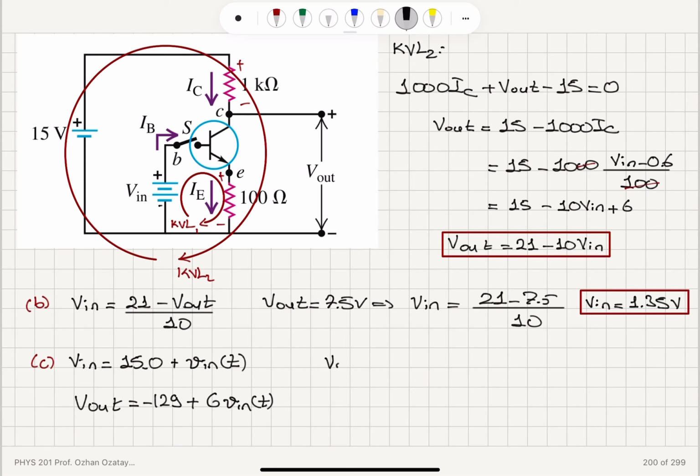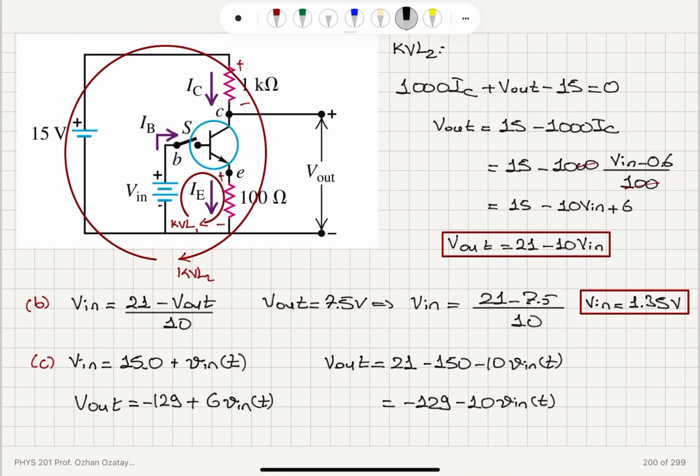Now V out is 21 minus 10 V in, so it's going to be 21 minus 150 minus 10 V in of t, which is minus 129 minus 10 V in of t.